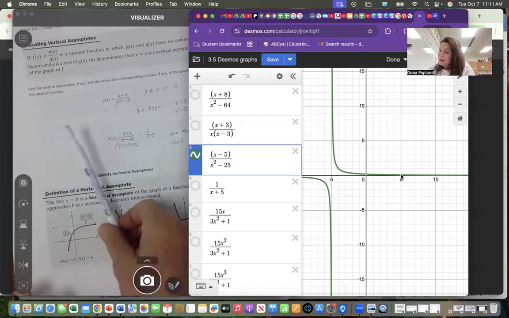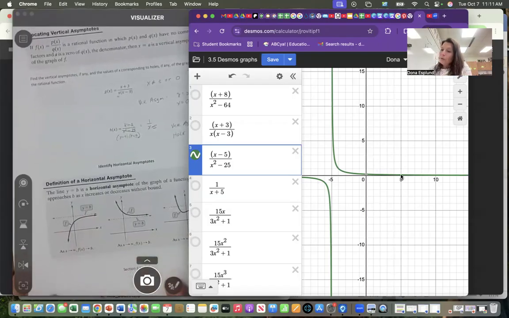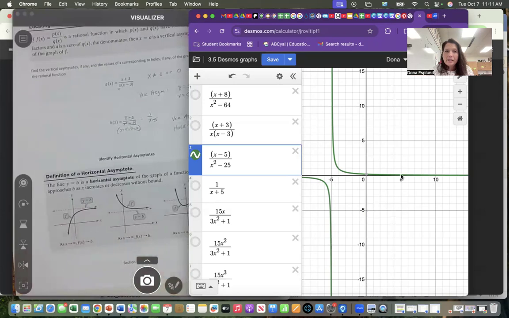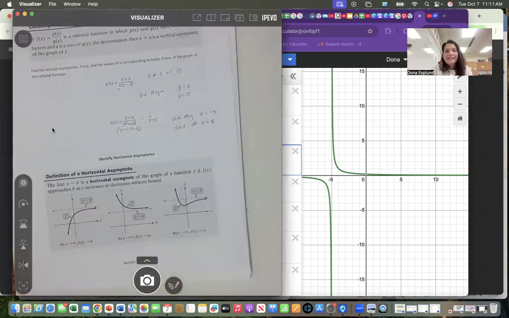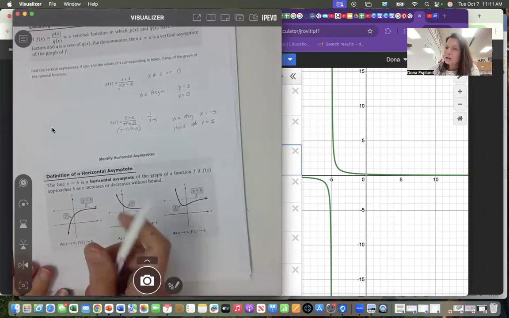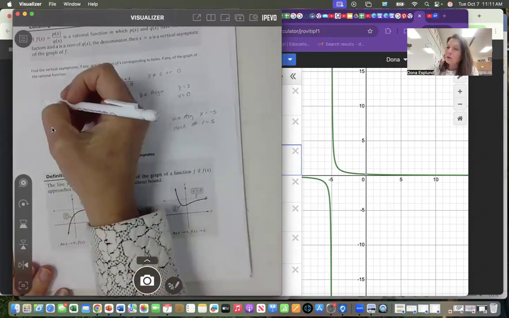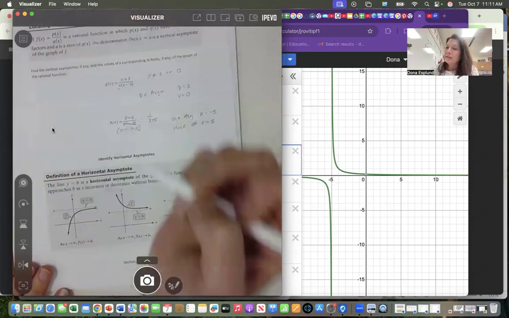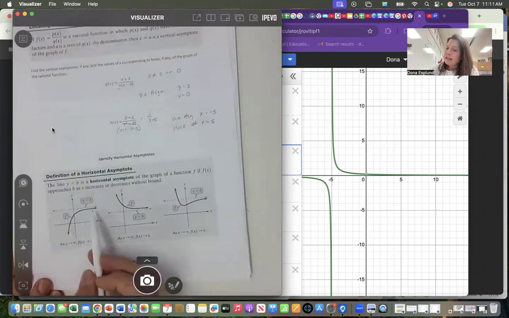All right. We also have horizontal asymptotes that we will be dealing with today. Remember, vertical asymptotes are where the denominator is undefined, but horizontal asymptotes are what happens as the graph approaches some number y. In this case, you can look at this graph approaching the number y equals b.